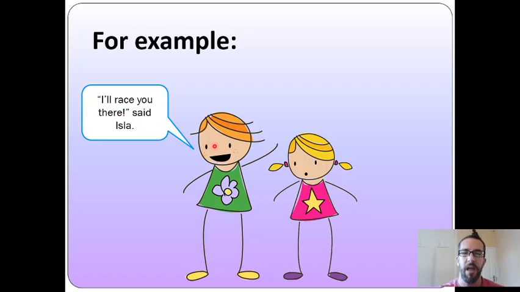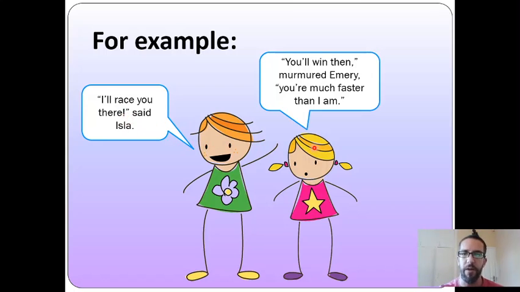All right. And then if we look at what her friend replies, "You'll win then," murmured Emery, "you're much faster than I am." So the first word Emery says is you, so it gets a capital letter. When she's finished speaking, and before she starts speaking again, it gets a comma over there and a comma over there.